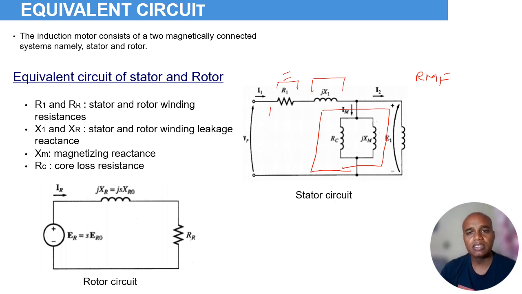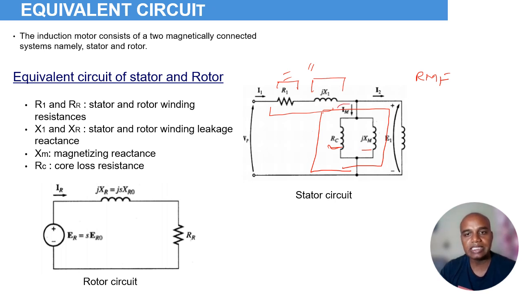R1 and X1 account for the losses happening in the stator, whereas the parallel component is the magnetizing equivalent of the stator winding. RC and XM is the magnetizing reactance, whereas RC is the resistance which is offered during setting up the electromagnetic field.